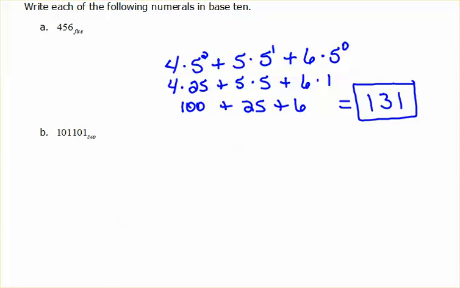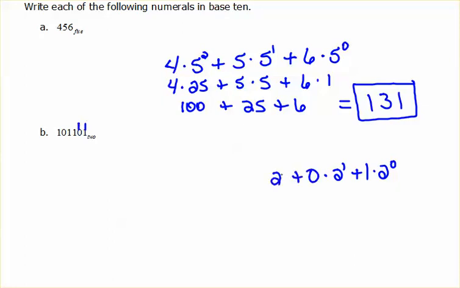101101 base 2. So again, we have a base 2 system this time, but the concept is the exact same. Our first position is going to be 2 to the 0 power, and there's a 1 in that position. That's this one right here. Then we would have 2 to the first, and there's a 0 in that position.